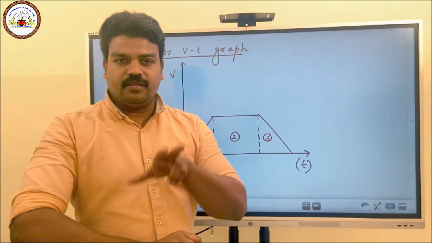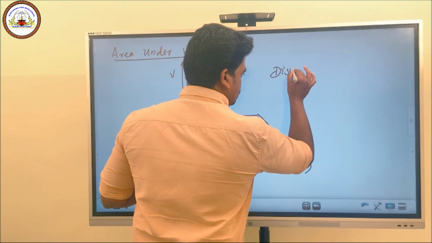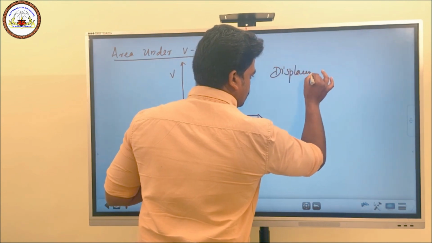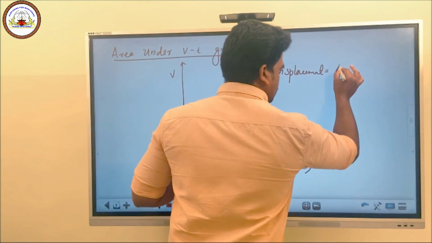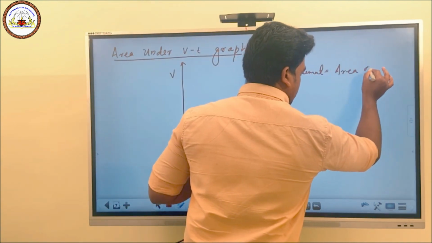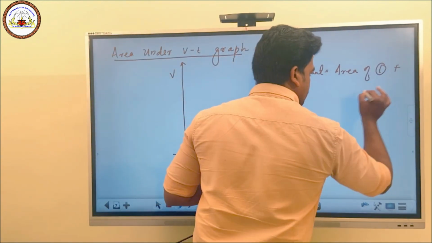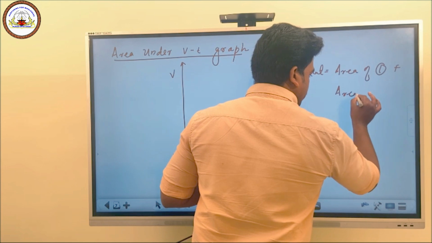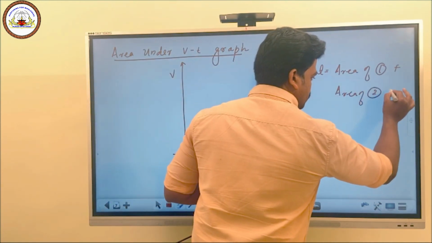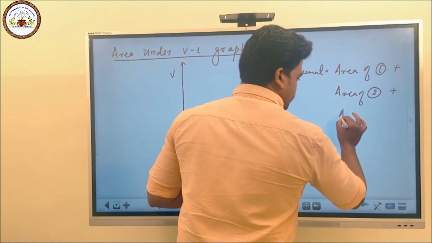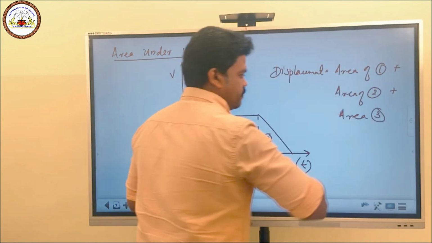Displacement covered by the object is equal to area of triangle 1 plus area of this rectangle 2 plus area of the last triangle 3.